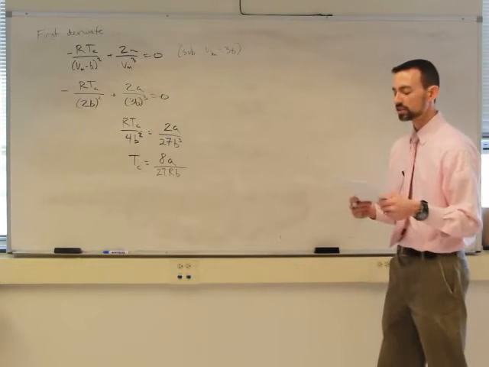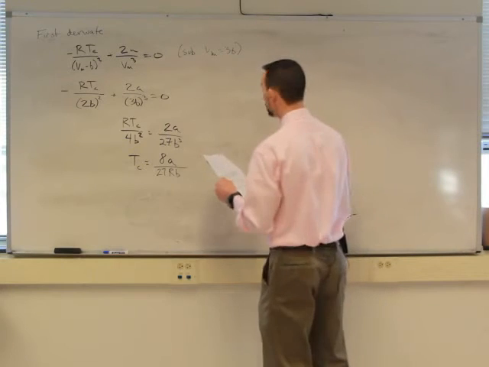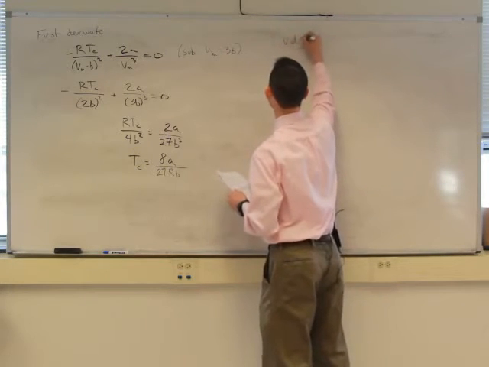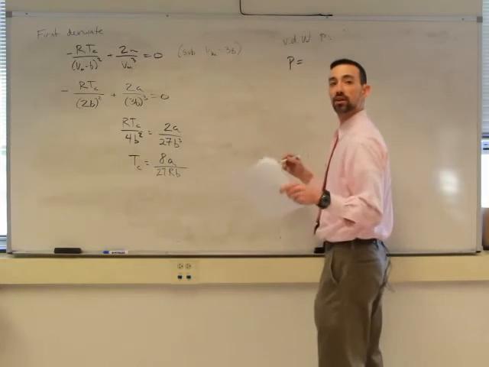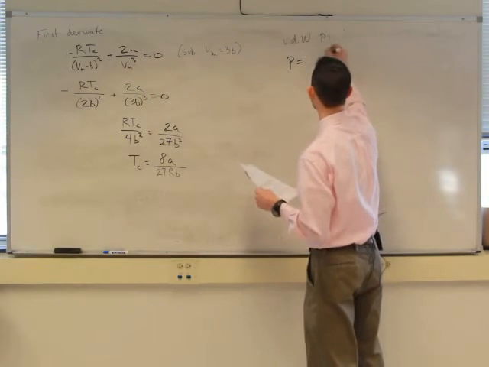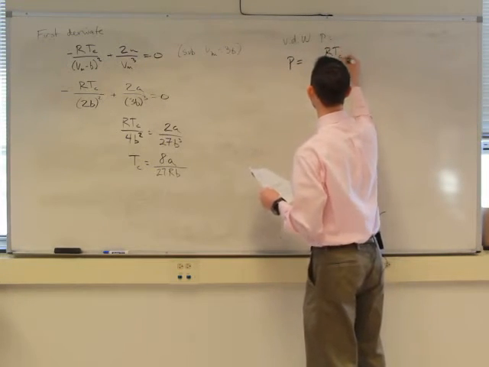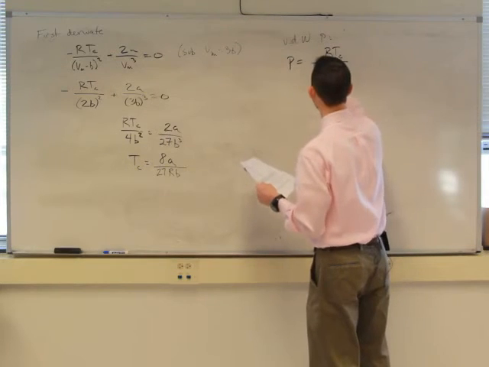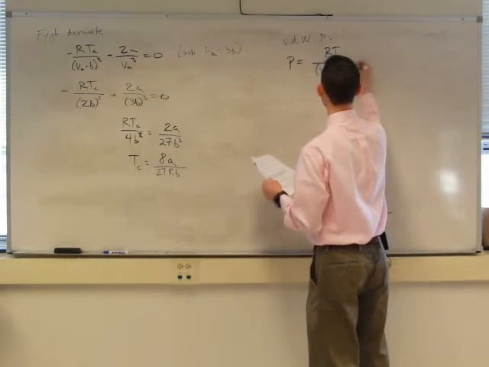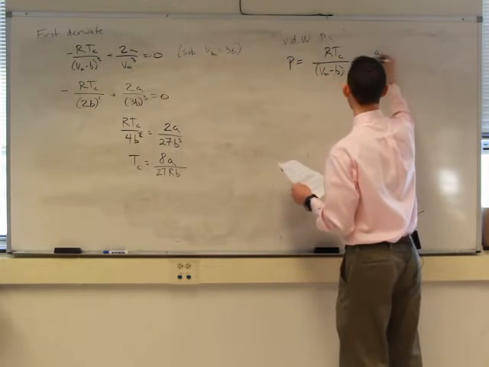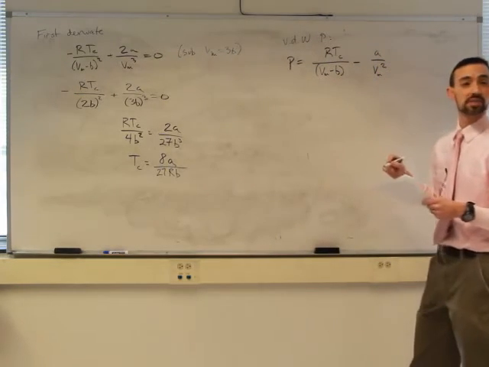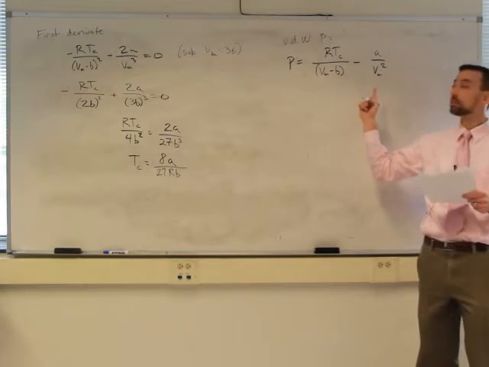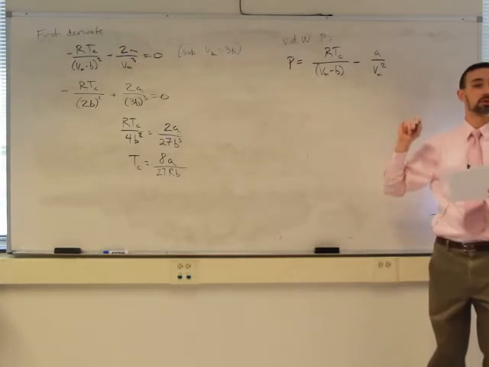So let's go to the van der Waals pressure equation. Way back earlier, the van der Waals equation for pressure was RTc over Vm minus b minus a over Vm squared. So now I'm going to be substituting for molar volume and critical temperature.